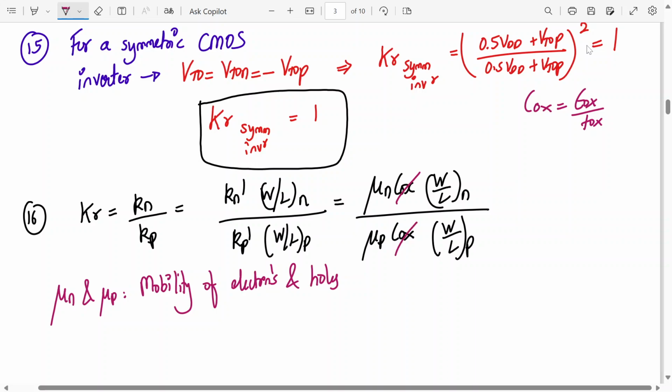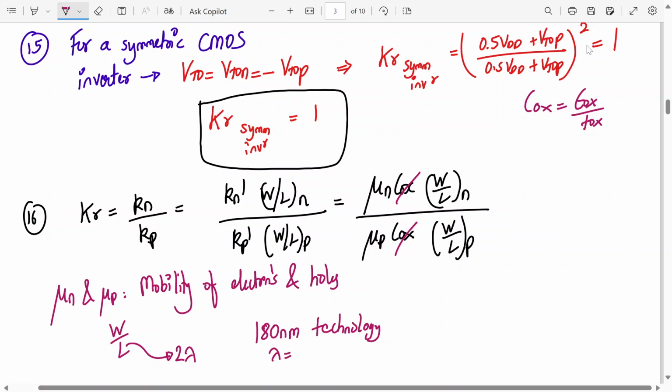And also the technology, when we say W by L, L is the technological length, and this is normally 2 lambda. So let's say if we are using 180 nanometer technology, what is lambda here? 90.